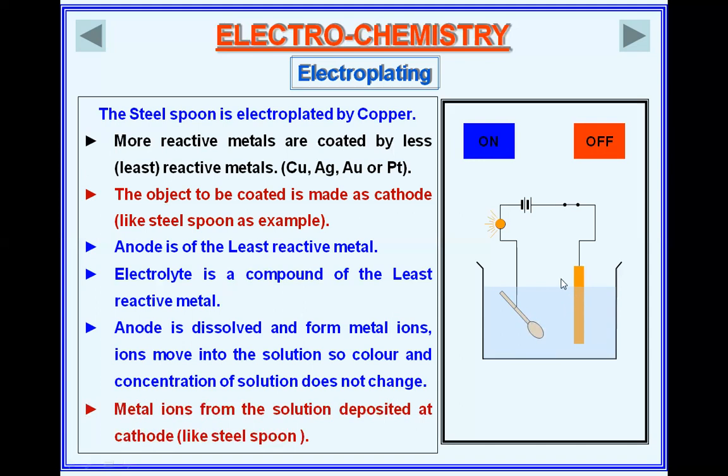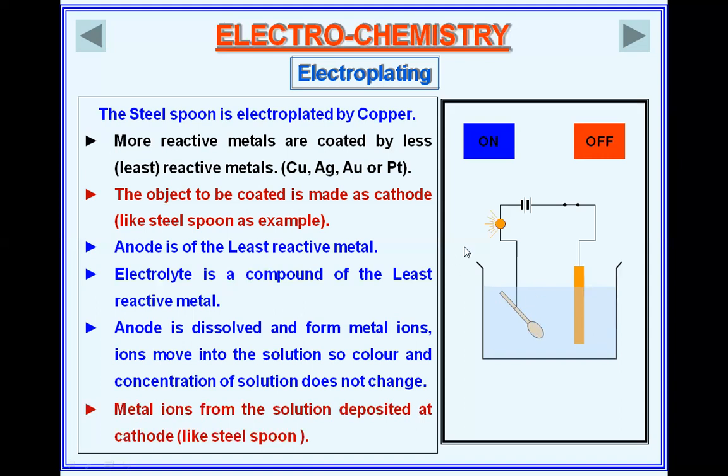But when copper ions are deposited onto this metal object, the iron or steel spoon is electroplated by the copper ions. The appearance of the spoon is much more precious than the previous one, and the object is more malleable and can easily be protected from rusting. So this technique is known as electroplating.